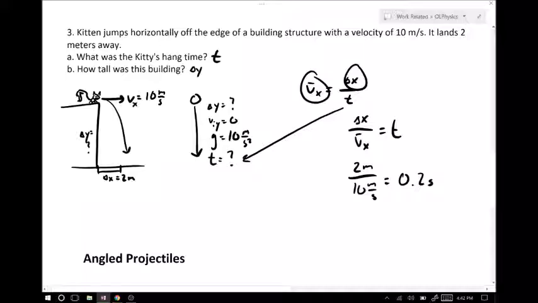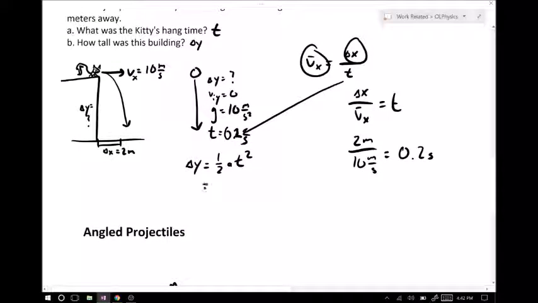So now we're just going to plug that in. You have now 0.2 seconds, right? And all of a sudden we have answered part A. Now we're answering how tall is the building. Well, that's easy to find out because we have an equation for that. Change in y, and again, we don't need the next portion. We have 1/2 a t squared, and it's already in the form that we need it in. So you have that times 10 times your time squared.